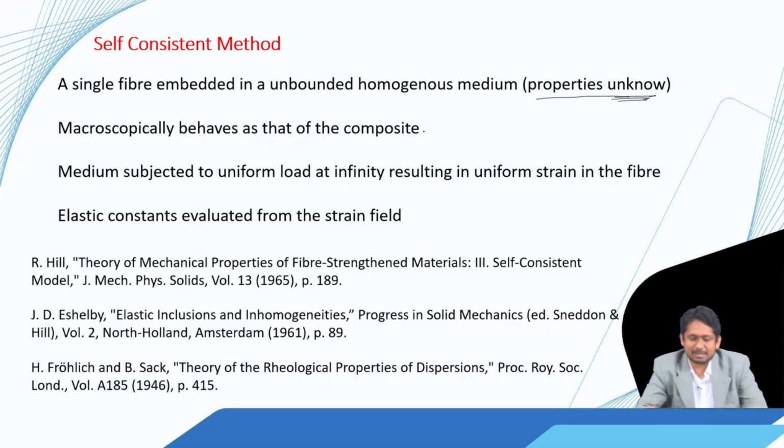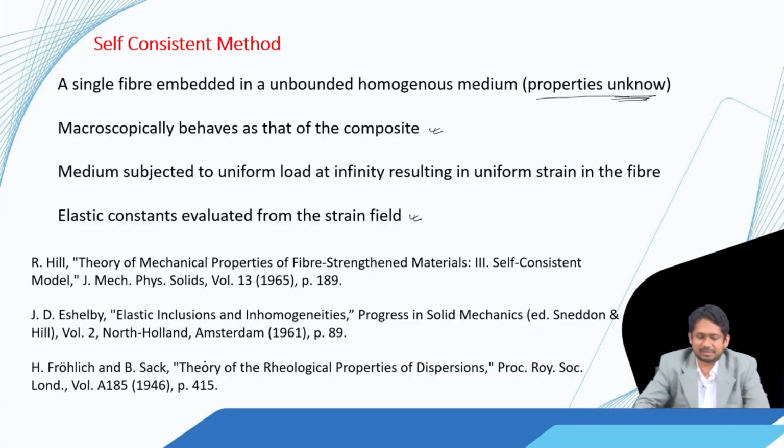This entire assembly macroscopically behaves as the composite, and we assume that the medium is subjected to uniform load at infinity, and that results in uniform strain in the fiber. And then we evaluate the elastic constants based on the strain field.